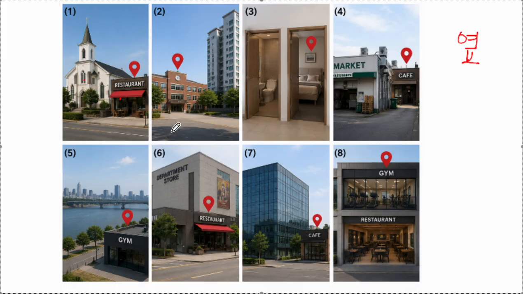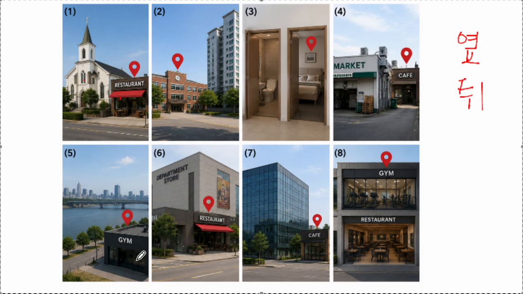Pause. 학교는 아파트 옆에 있어요. 방은 어디 있어요? 방은 화장실 옆에 있어요. Next. 카페는 어디 있어요? 카페는 마켓 뒤에, behind, 뒤에 있어요.